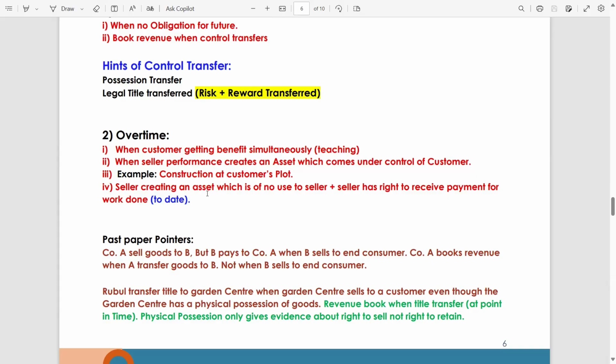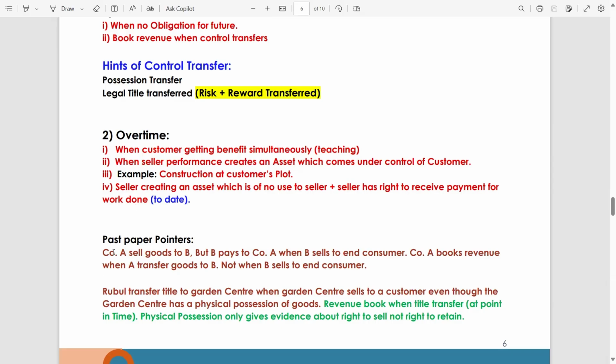Also when the seller is creating an asset which is of no use to the seller, plus the seller has the right to receive payment for work done. It means when entity A is creating a specific, unique, on-demand asset for a customer, entity A will record the revenue over time.